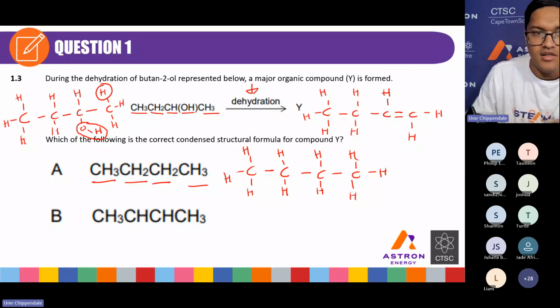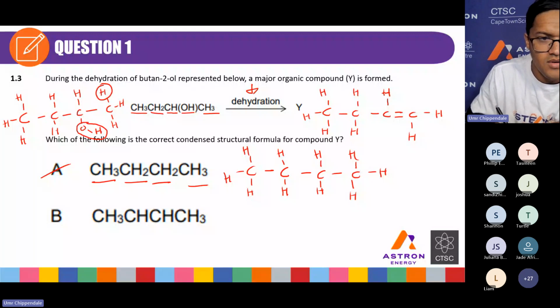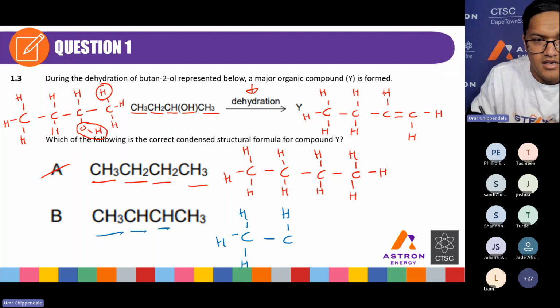So clearly that is not compound Y, so we move from A to B. We will change up the ink; let's make it blue. Now CH3 again, 1, 2, and 3. Then we move on to our CH, with only one H there, and here it's also a CH.